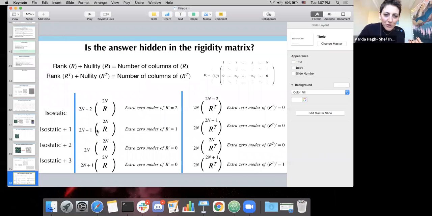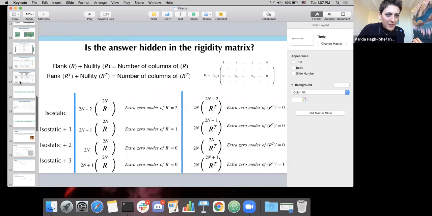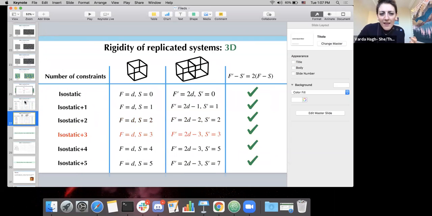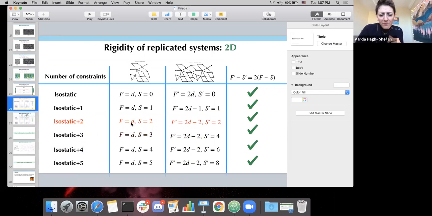The results that I showed you here and here are per copy. So if I'm getting one extra zero mode in 2D after adding 1 copy, if I add the 3rd copy, I'm going to get 2 extra zero modes. If I add 100 copies, I'm going to get 100 extra zero modes.